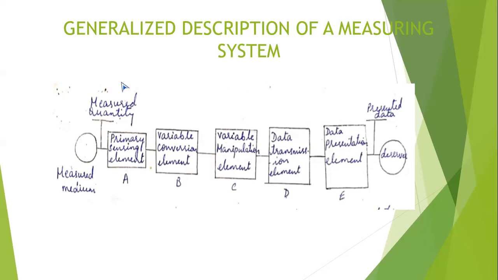The output coming from the primary sensing element is the input to the variable conversion element. Here, that input is converted into an analogous signal. That analogous signal is processed, amplified or filtered depending upon the input required by the next stage.